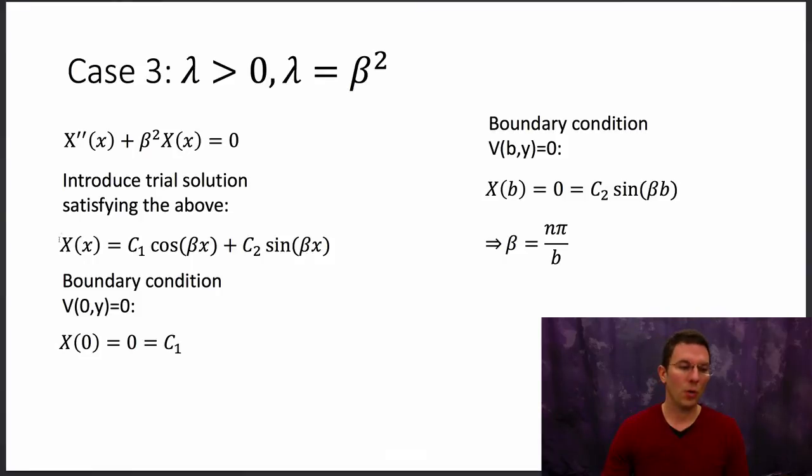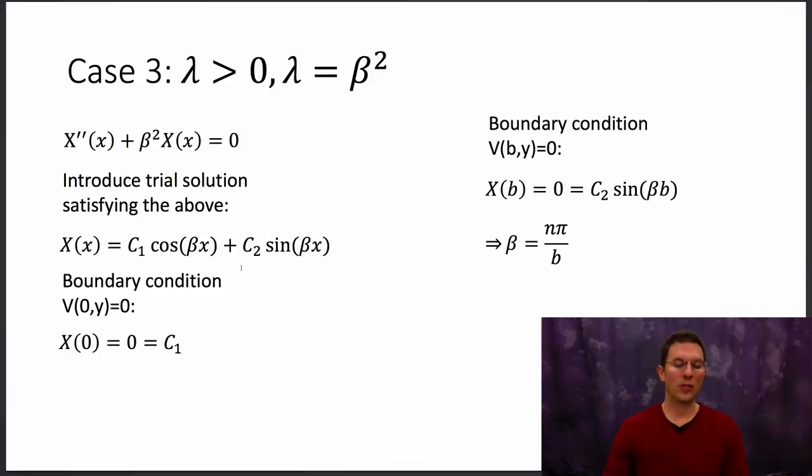You can satisfy yourself that if I substitute this form of this function into this equation, the left-hand side will be equal to the right-hand side, which will be 0. So this function capital X of x is equal to some constant C1 times cosine of beta x plus some constant C2 times sine of beta x. Now the question is, what's beta, what's C1, and what's C2?